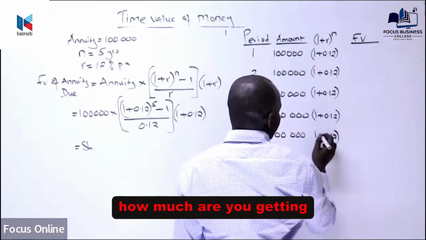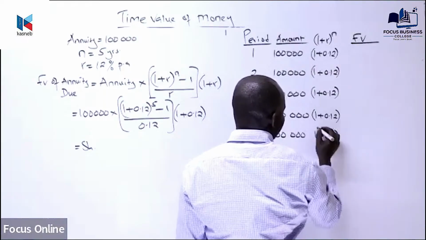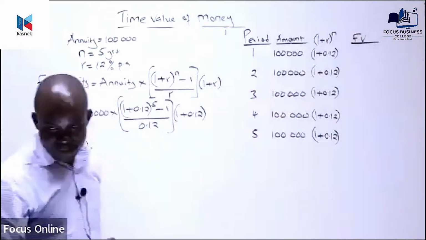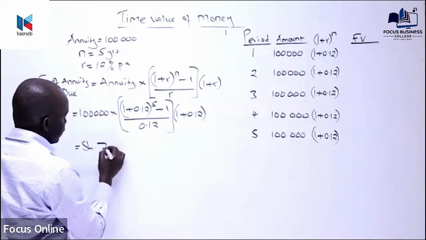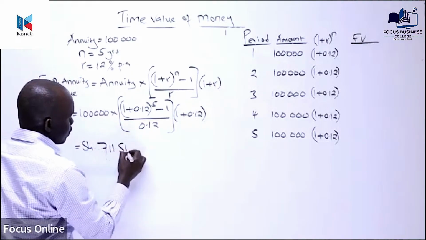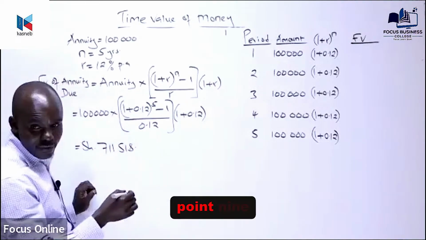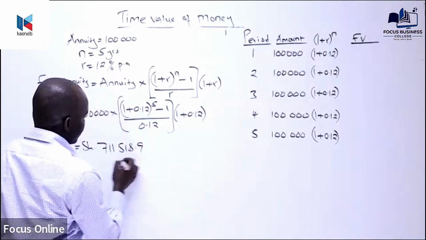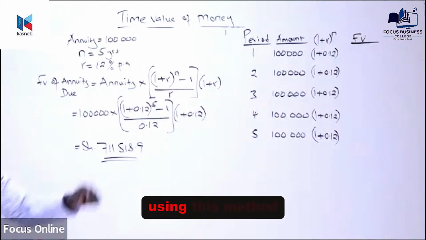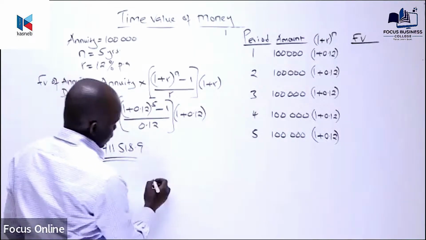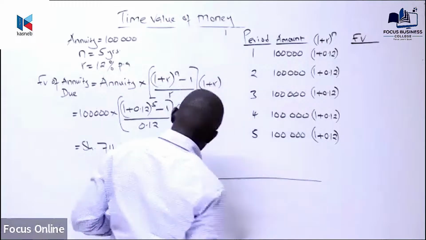So how much are you getting? 711,518.9. 711,518.9. Now, using this method, we will have this.